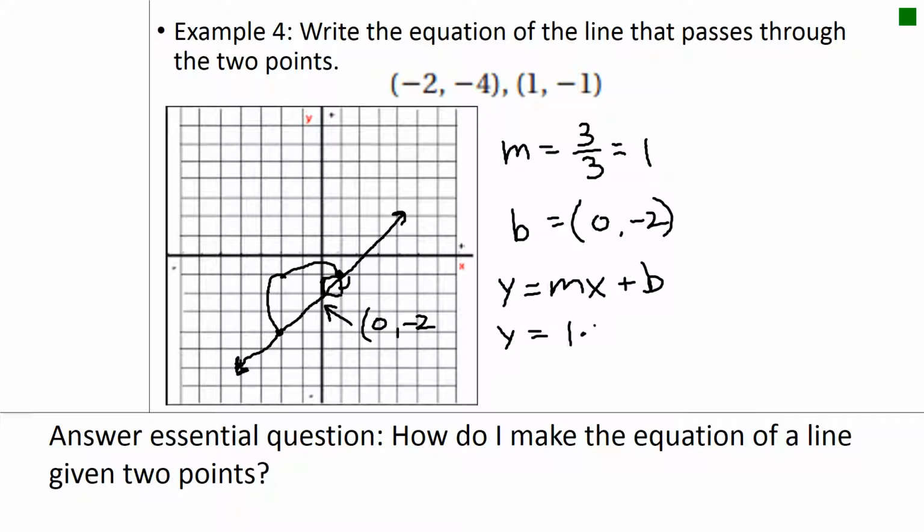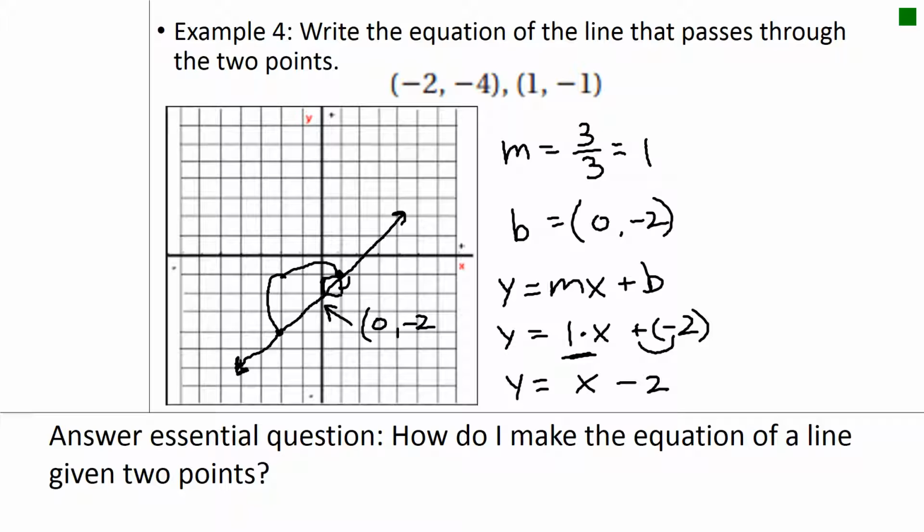That's 1 times x plus a -2. That can look a little bit awkward, so we're going to simplify it down to x minus 2, taking away the 1 times and taking away the plus the negative and simplifying it to x minus 2.